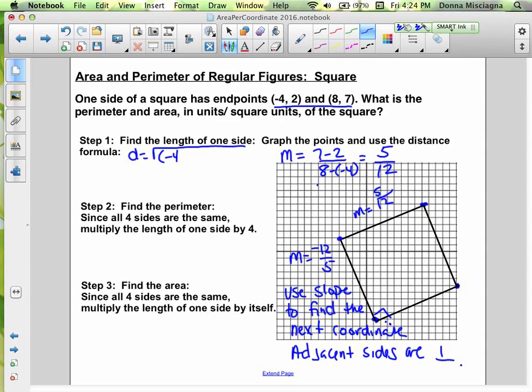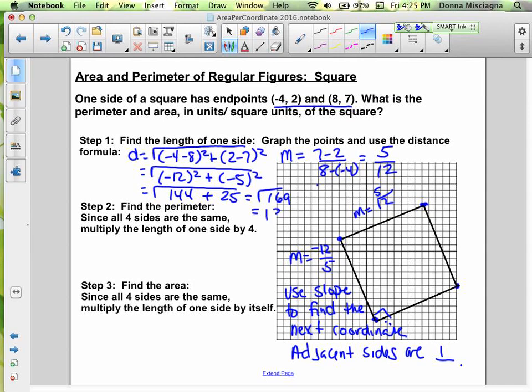So -4 minus 8 squared plus 2 minus 7 squared would give us -12 squared plus -5 squared, which is 144 plus 25. And if you remember, that's 13. I guess I need more unique numbers. I always try to give you numbers that were perfect squares. I should have chosen another perfect square.